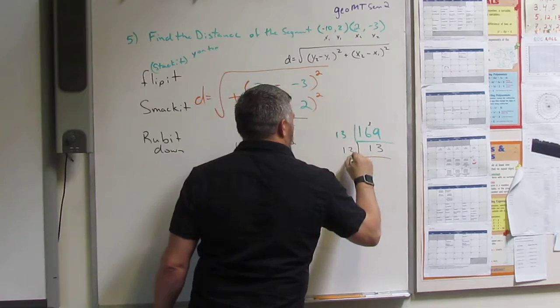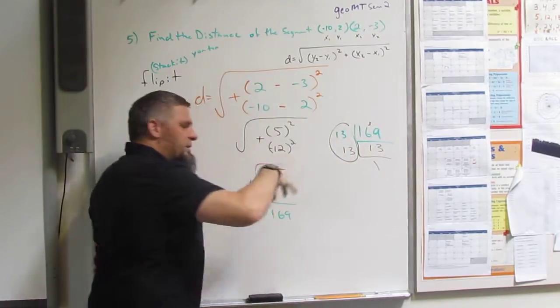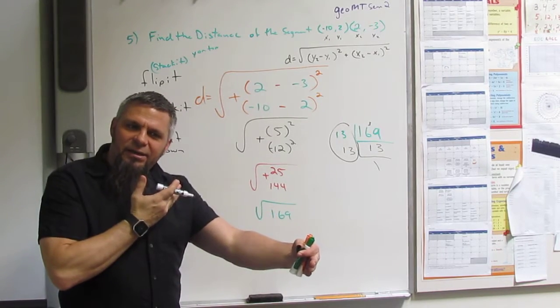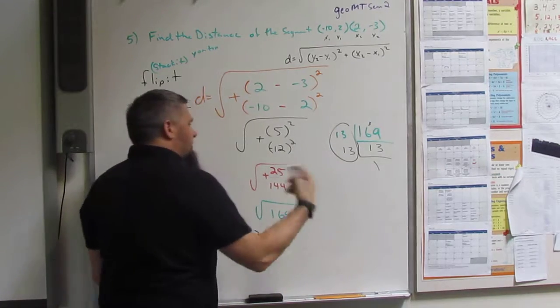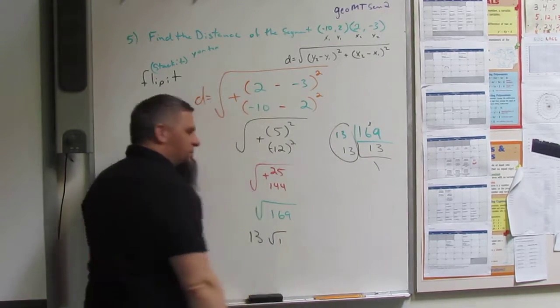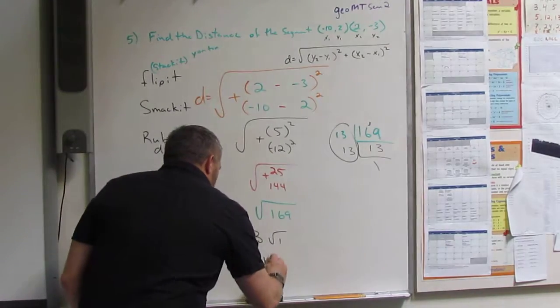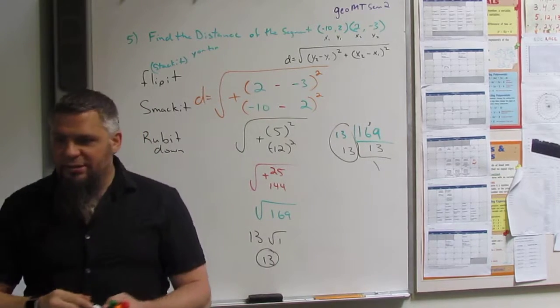So it would be 13. So 13 and 13. Then I take my pairs, and whatever's paired up, I can take outside of the box, right? Okay. So 13 goes outside. The only thing left inside is the 1, but a square root of 1 is just 1, so we're down to 13. And that is the distance.